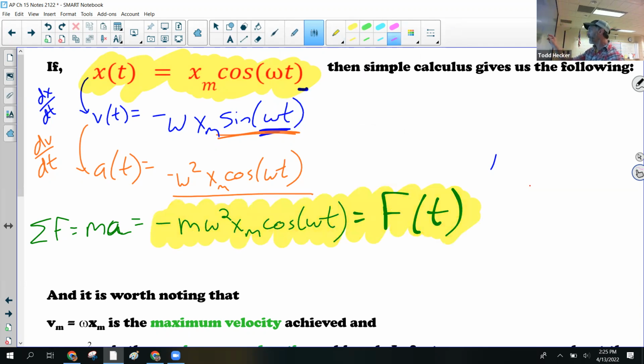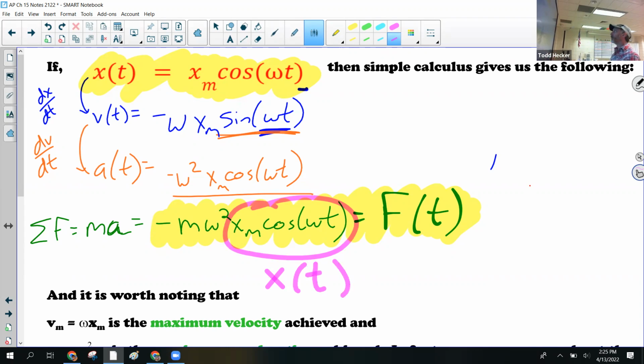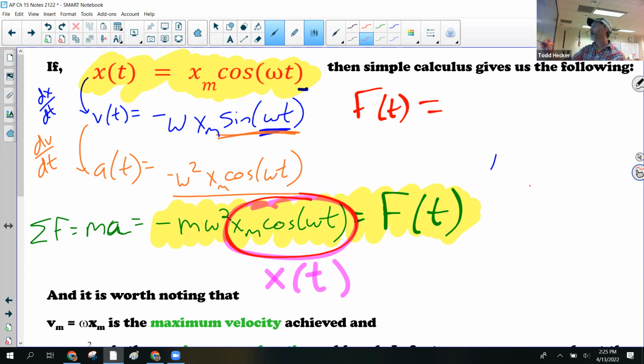Oh, well, this is x of t. Oh, huh. So what we just learned here, and this is super important, is that my restoring force at time t is equal to my position at time t times negative m omega squared.